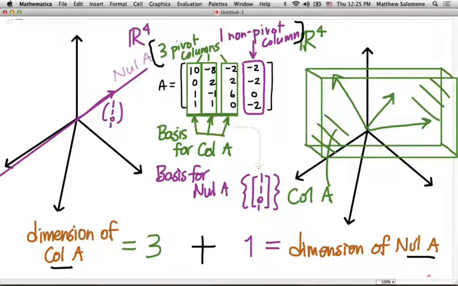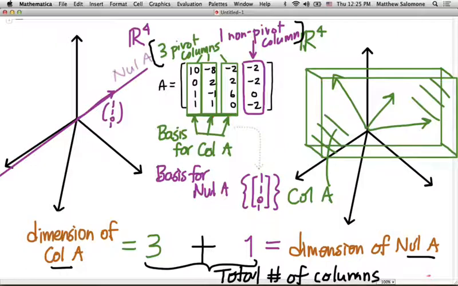They must add up to the total number of columns in the matrix. Because every pivot column became a basis vector in the column space, and every non-pivot column became a free variable which contributed to a basis vector for the null space.